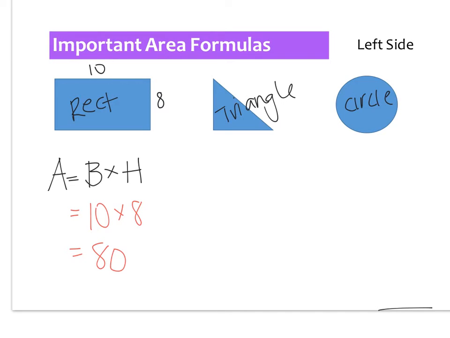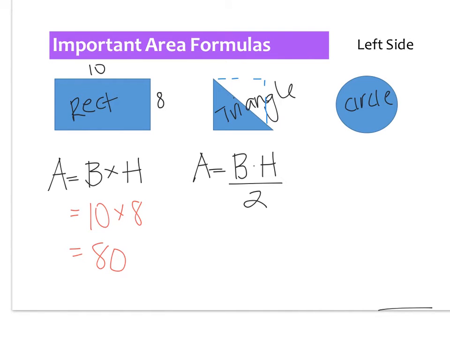The area of a triangle is very similar, right? So we're going to do base times height, but then we're going to divide it by 2. And the reason we do that is because when you look at a triangle, it's kind of like if we were to have two triangles together, it would make a rectangle, right? So what we do is we take the area of a rectangle and then divide it by 2, okay?